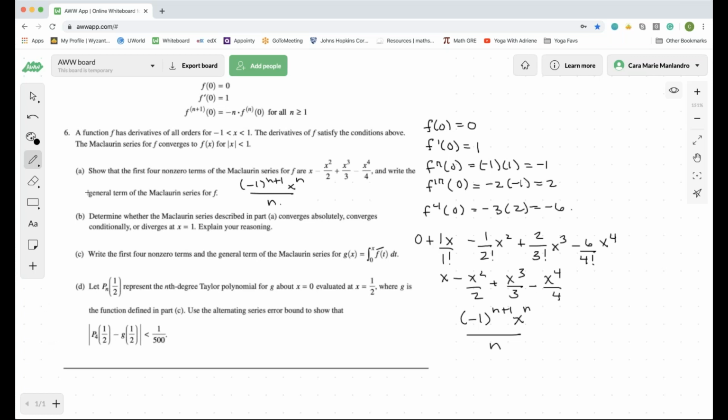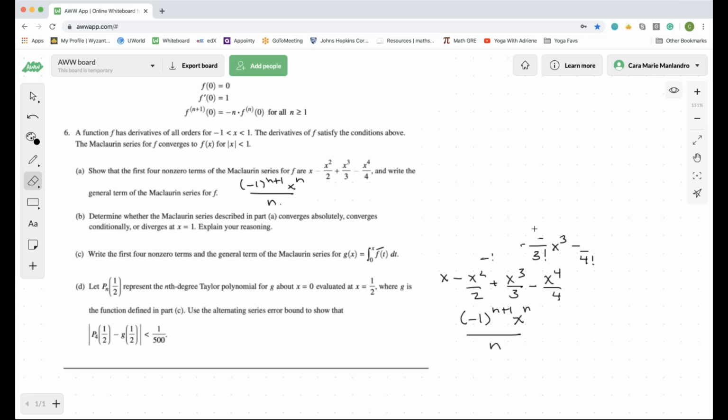All right. Okay, so next little bit, we want to figure out if this thing converges. So that is the general term for the series. You can put the summation, that's fine.